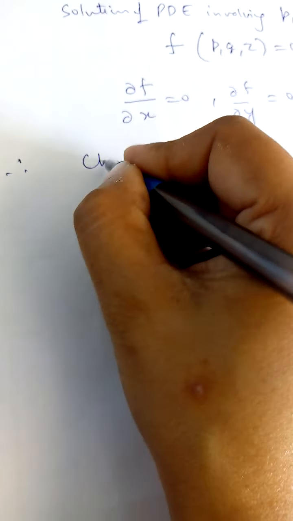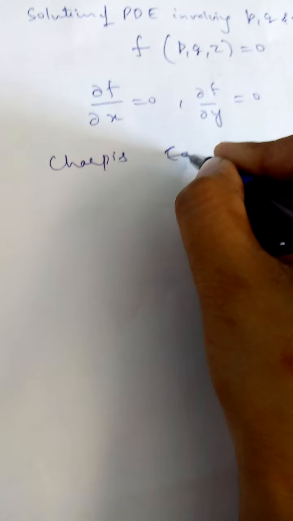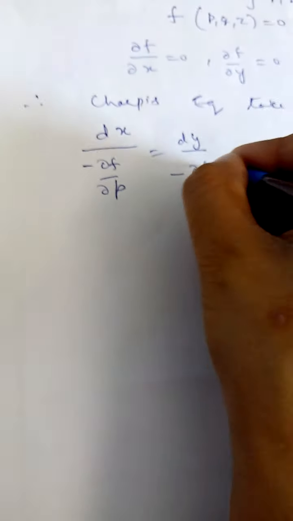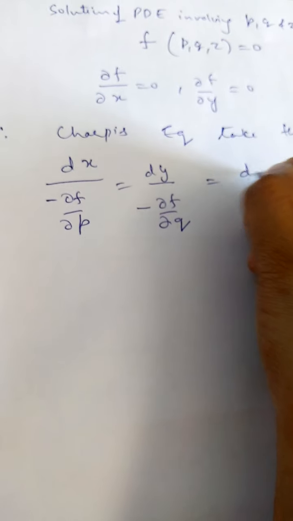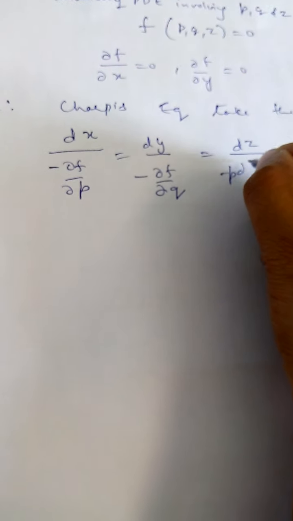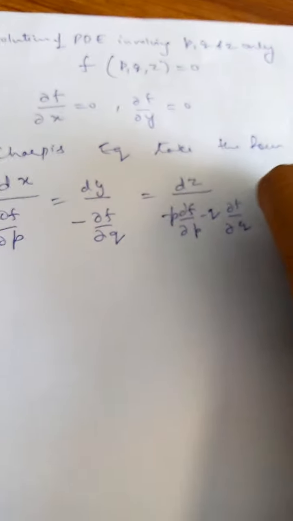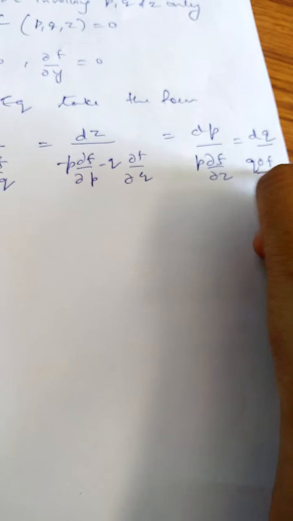So its Charpit equation will be of the form dx upon minus curly f by curly p, dy upon minus curly f by curly q, dz upon minus p curly f by curly p minus q curly f by curly q, dp upon p curly f by curly z and dq upon q curly f by curly z.